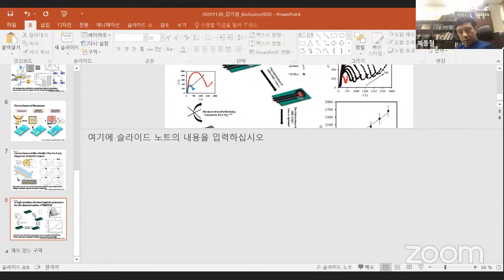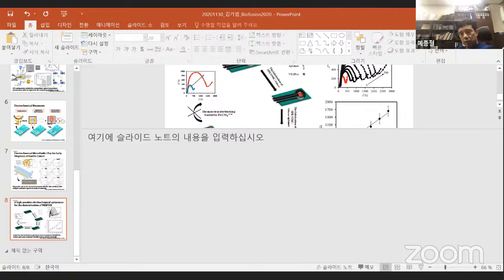So there are not so many companies, and researchers are struggling, working on various methods so that even non-experts can easily handle the sample volumes, but there are still many challenges that we have to overcome. So there are still not many commercialized technologies available in the current state.